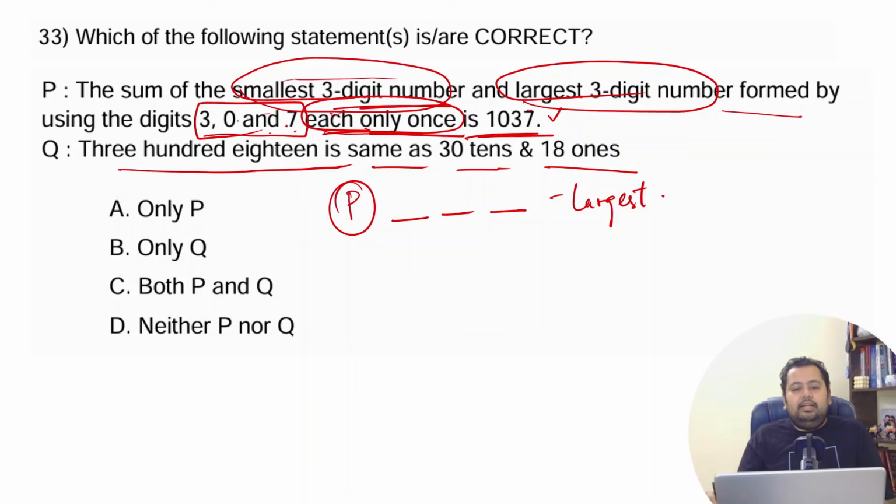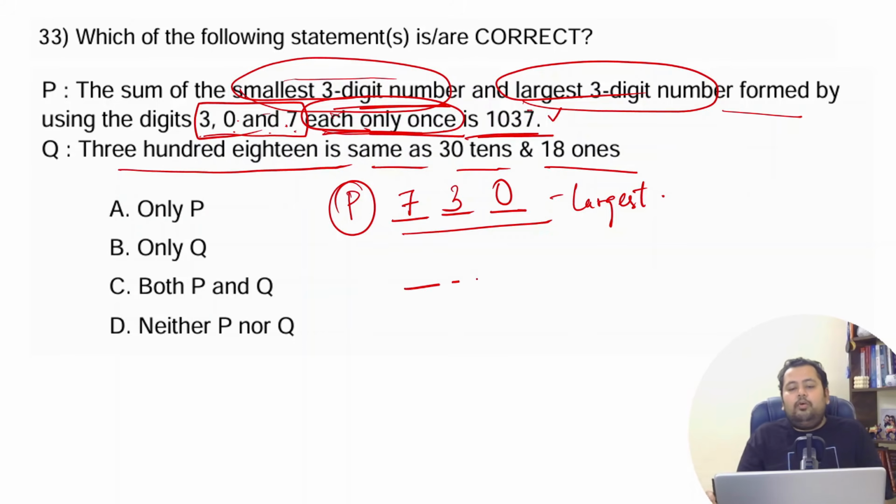It is obviously 7, right? Then between 3 and 0, what is the largest? It is 3. And then comes 0. So the largest number is nothing but 730. This is how you have to find it out. The biggest number goes to the hundreds place, then the next number, and then the next number. That is how you find the largest.